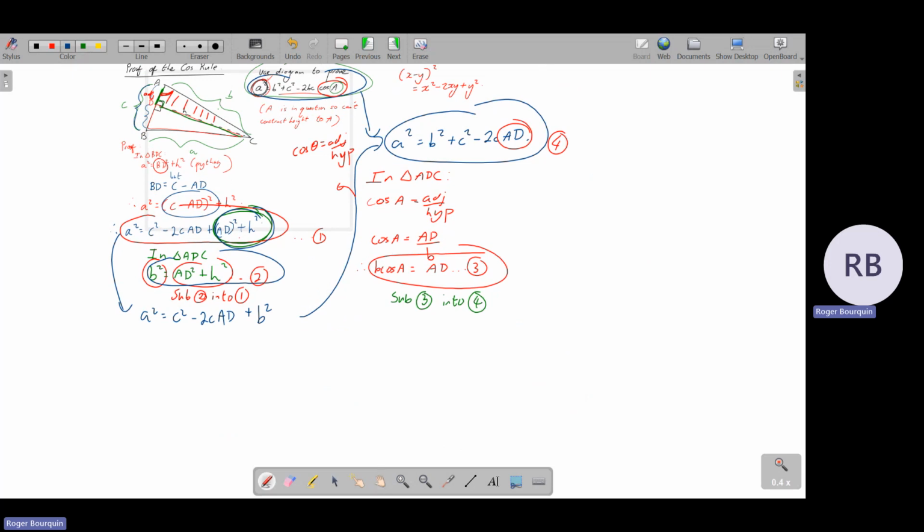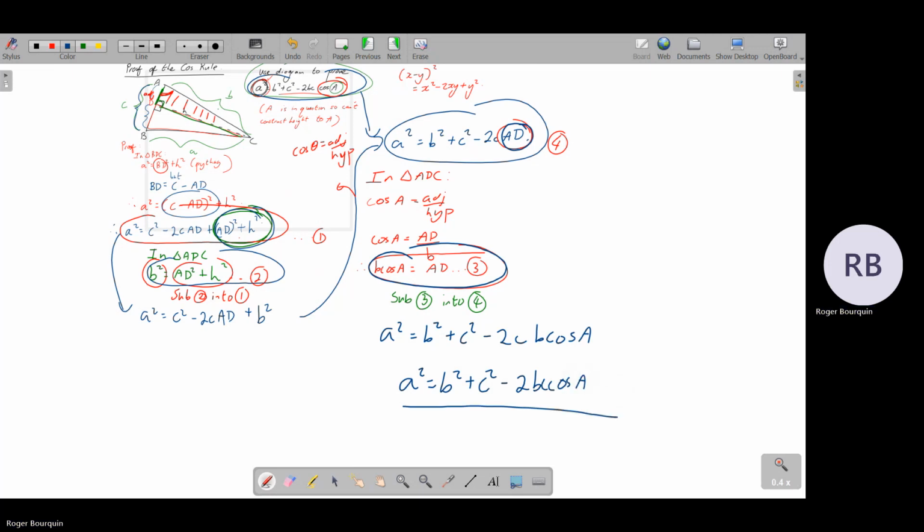I'm going to replace AD with b cos A, and I get a squared is equal to b squared plus c squared minus 2c, and instead of having AD, I'm going to replace AD with b cos A. I'm going to get to the formula that I wanted. We end up with a squared is b squared plus c squared minus 2bc cos A. All right, guys.